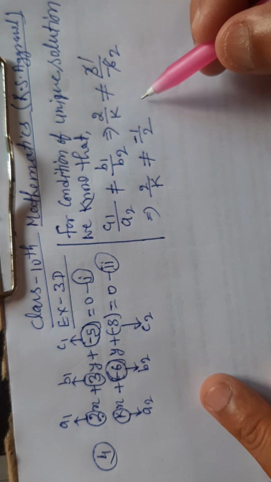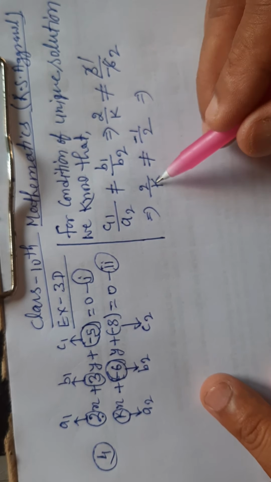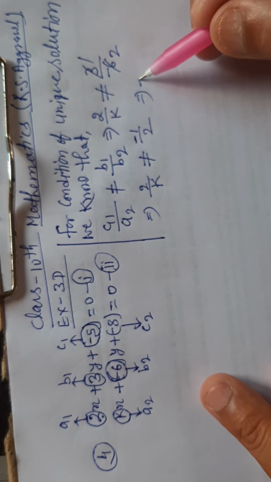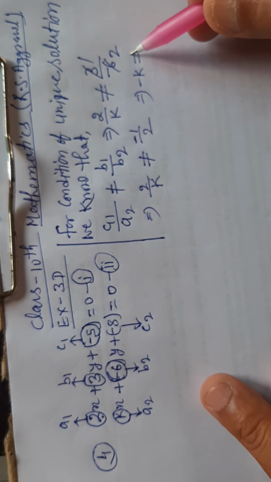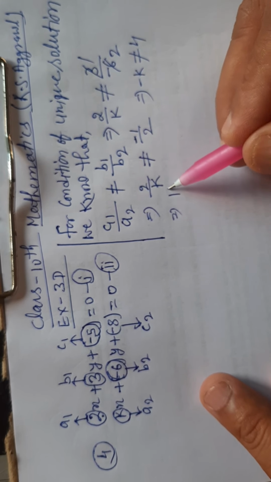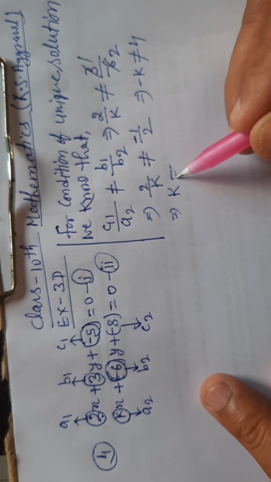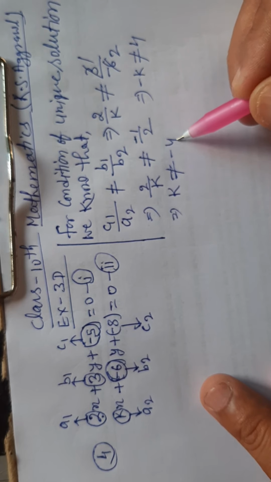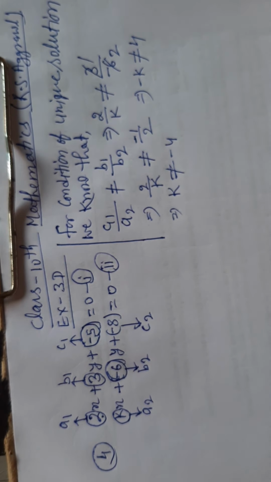Now cross multiplication, we get minus k is not equal to 4. This implies k is not equal to minus 4.